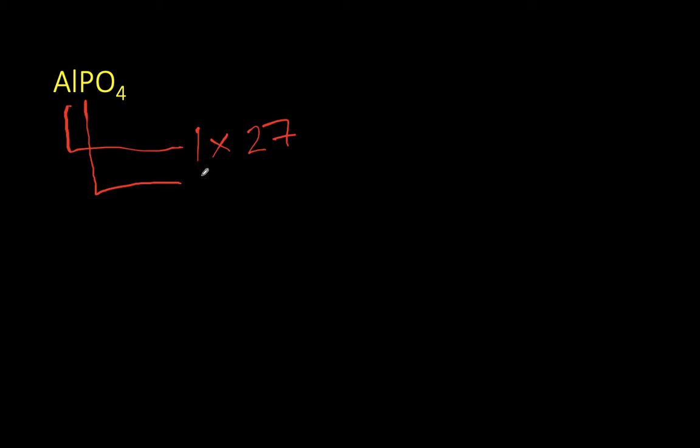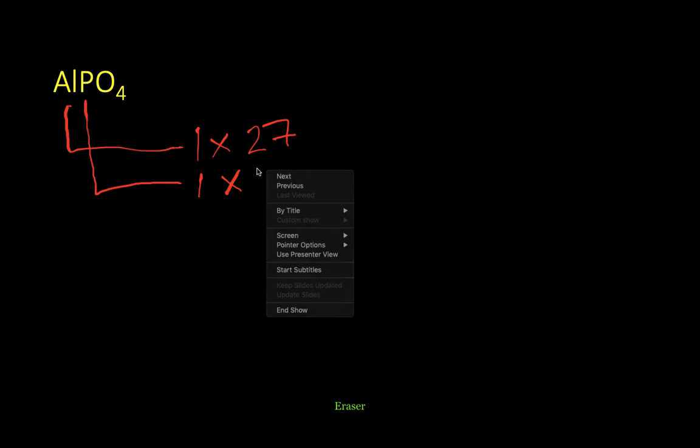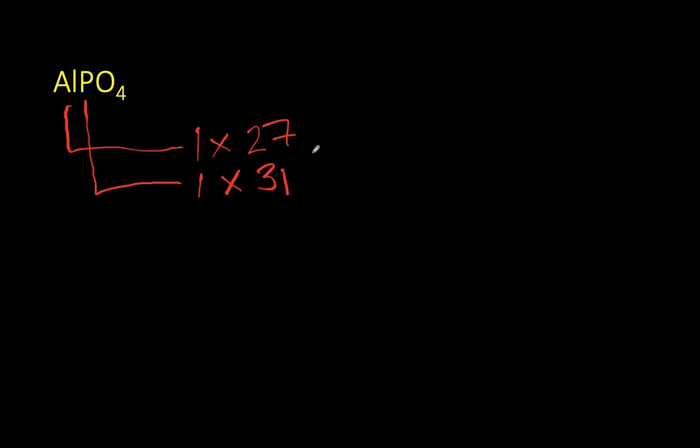Then we have one phosphorus. It has a mass of 31. And then we have 4 oxygens. They have a mass of 16. So we've got 27, 31, and 64.